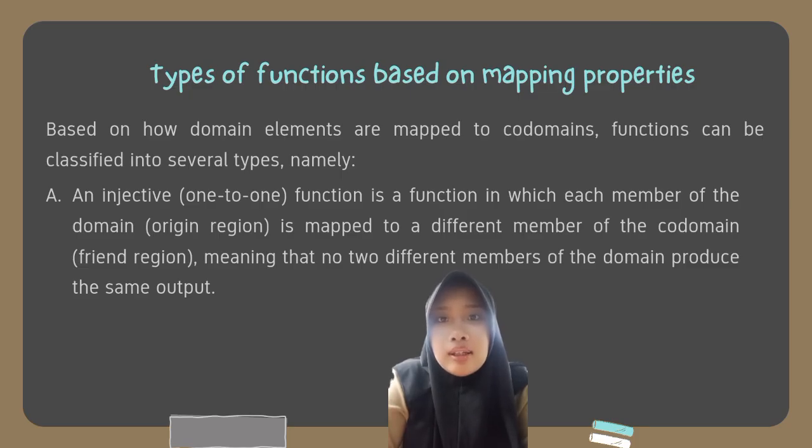An injective function is a function in which each member of the domain origin region is mapped to a different member of the codomain friend region, meaning that no two different members of the domain produce the same output.